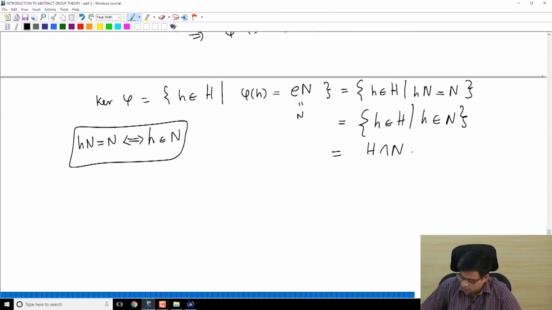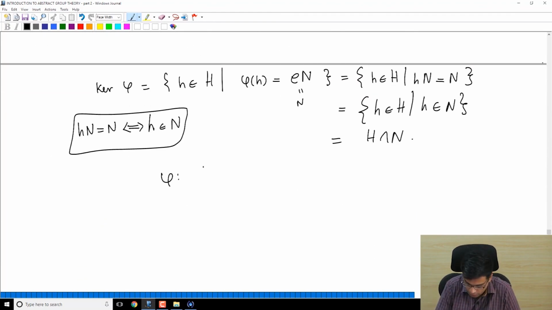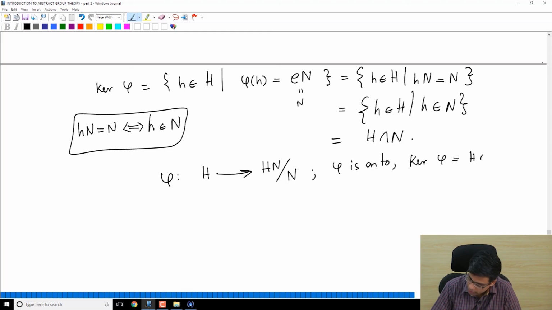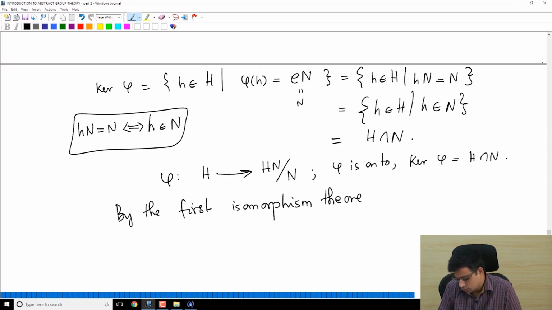Now the first isomorphism theorem says, phi is a map from H to HN mod N. Phi is onto, the kernel of phi is H intersection N. So by the first isomorphism theorem, which applies to any group homomorphism, G mod kernel is isomorphic to image.